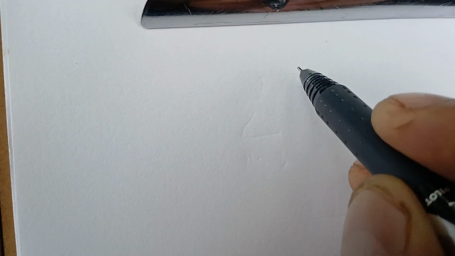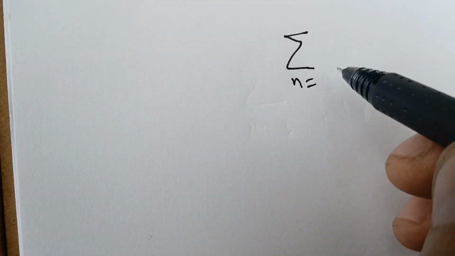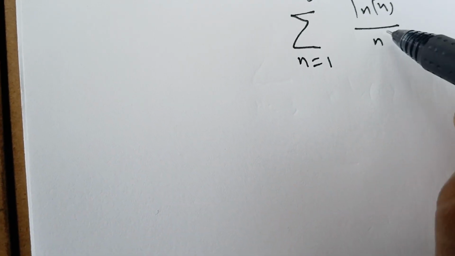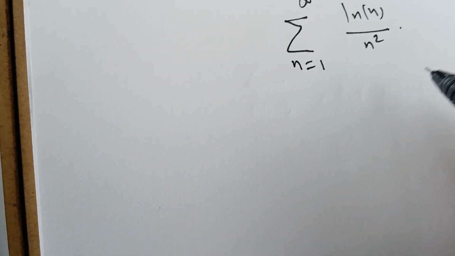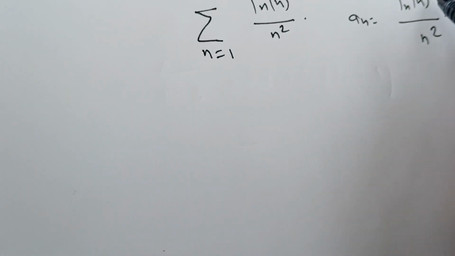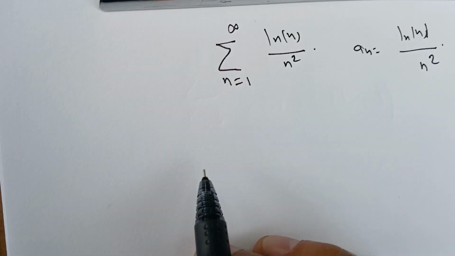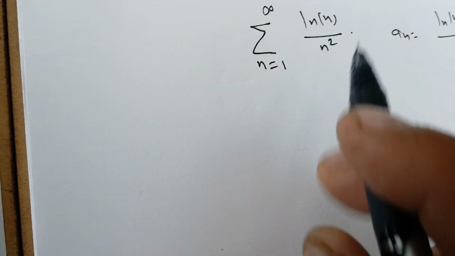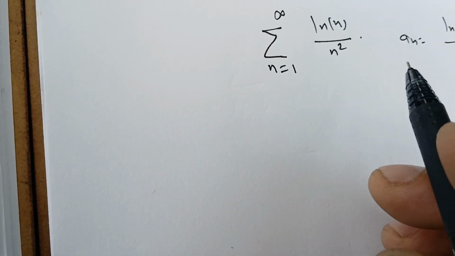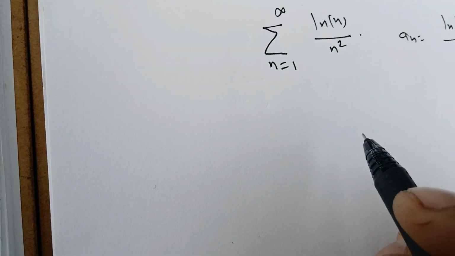So in this case, for this series from 1 to infinity of ln n over n squared, the general term is a_n = ln n over n squared. This series is positive, except when n is 1, where it is equal to 0.